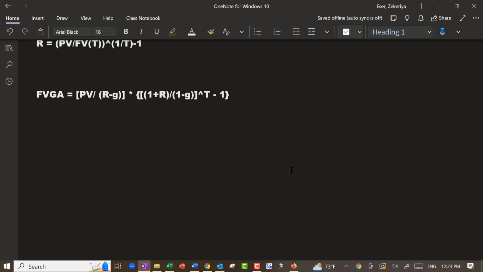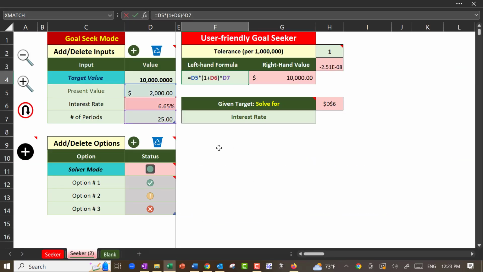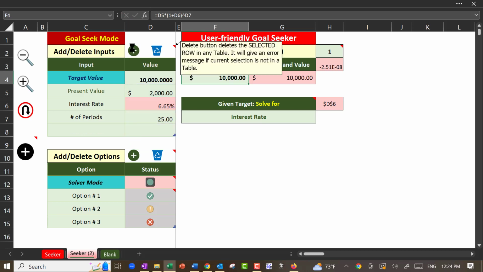Just to show you, let me give you a taste of it. I'm going to calculate the present value of a periodic set of payments.